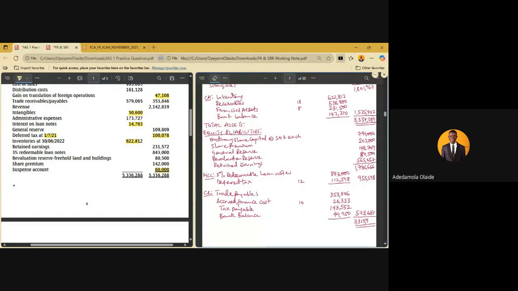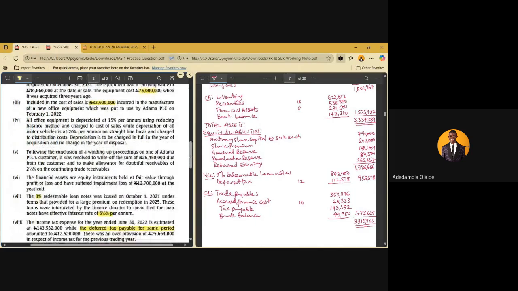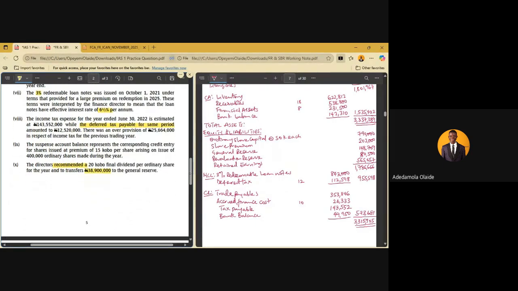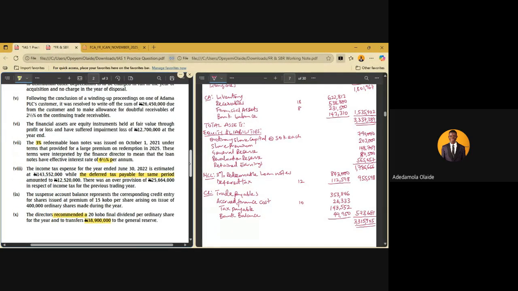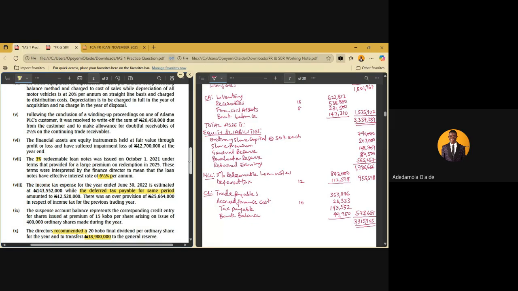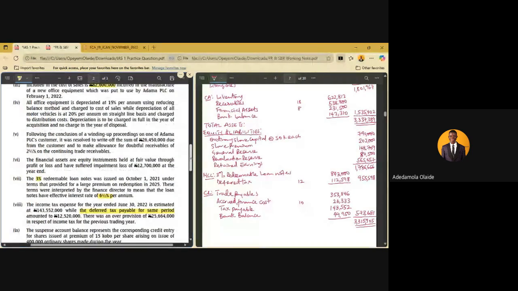And what is the difference? The difference is 21,444. That's the string figure.